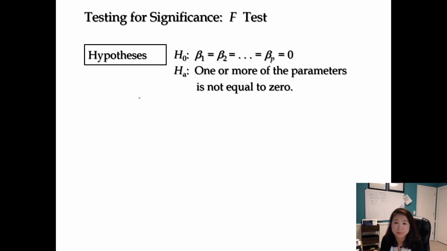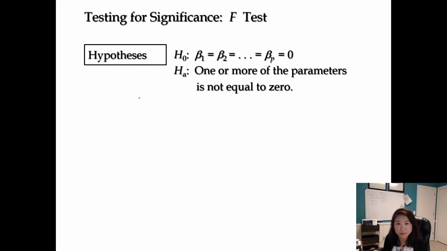I had a student who was very creative. They said, oh, if H0 does not stand, then HA has to stand, which means the H alternative will be the complement event to H0. So they said, let's just write down beta 1 equal to beta 2 not equal to 0. That answer is wrong. Beta 1 equal to beta 2 not equal to 0 is just one scenario. You also can have beta 1 not equal to beta 2 and not equal to 0, right?